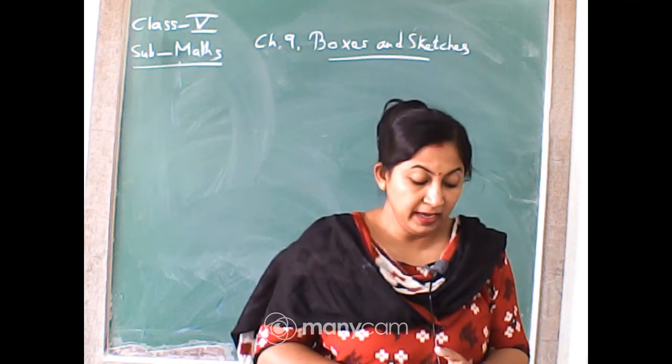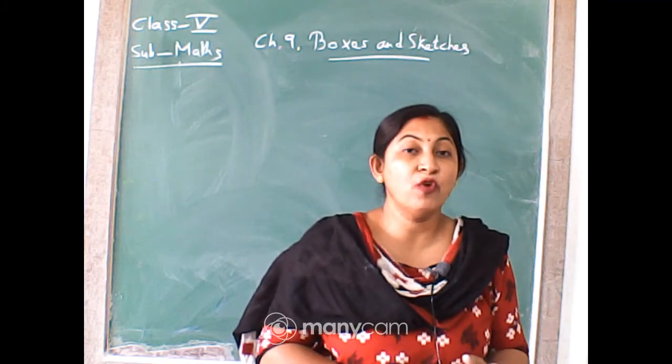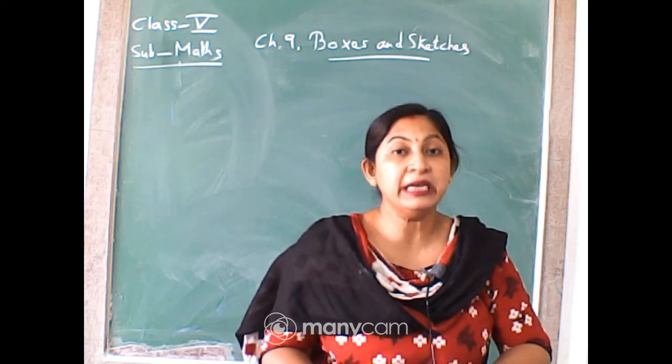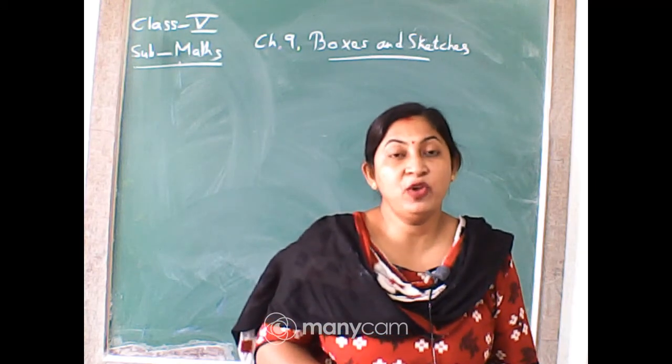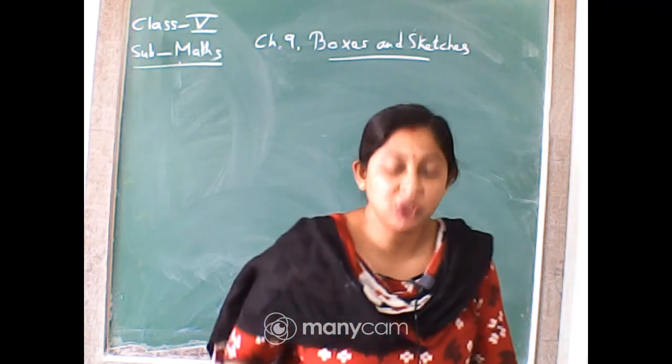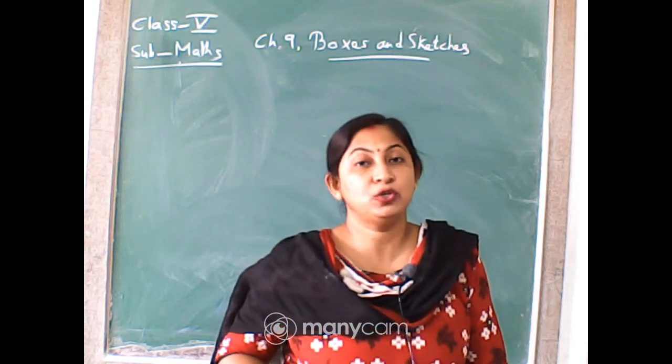There 4 different shapes were given, and you had to match those 4 different shapes with their net. That means you have to match the 2-dimensional shape with the 3-dimensional shapes. Okay, and you have already done it and sent the picture to me.